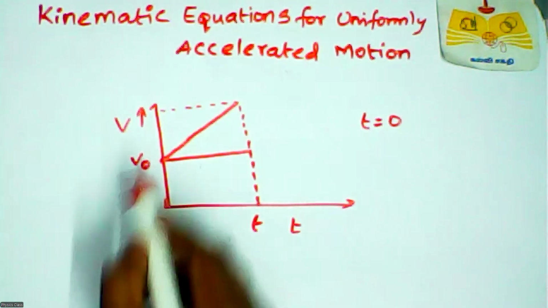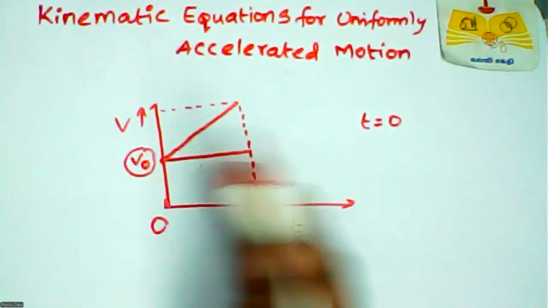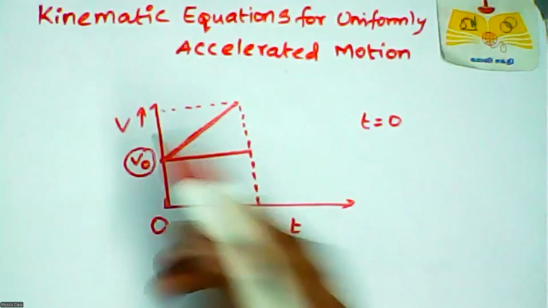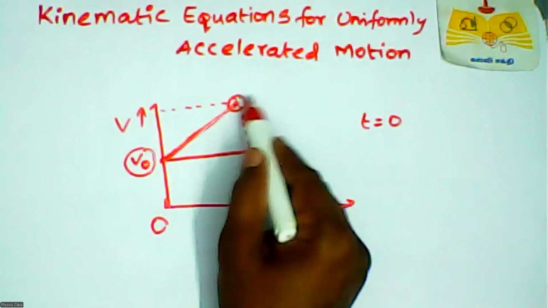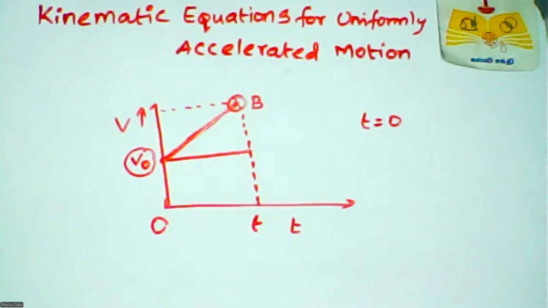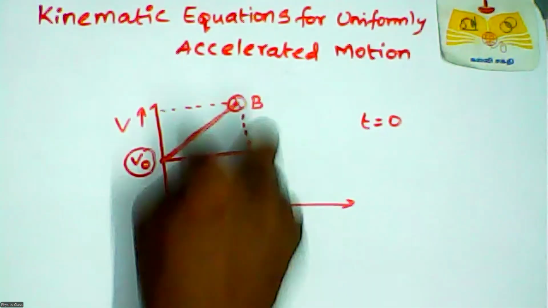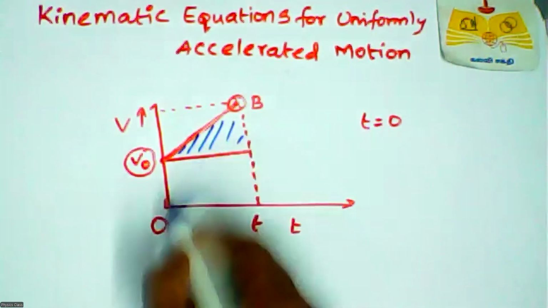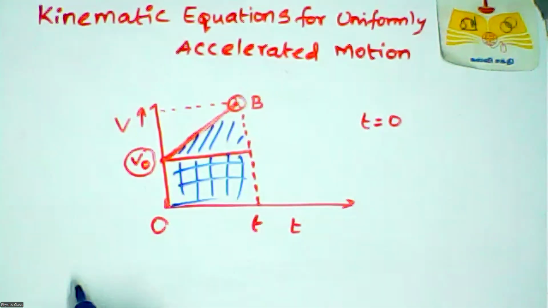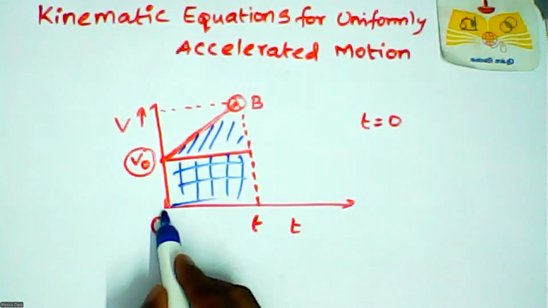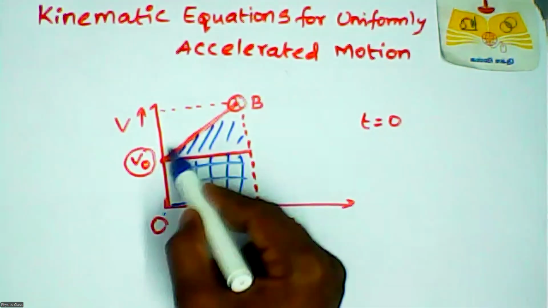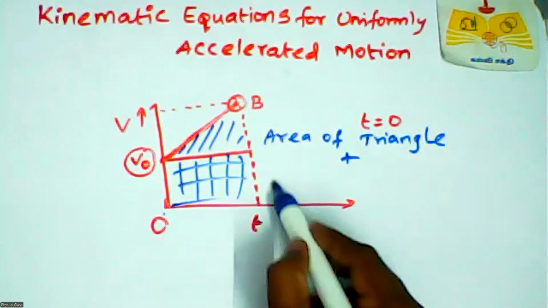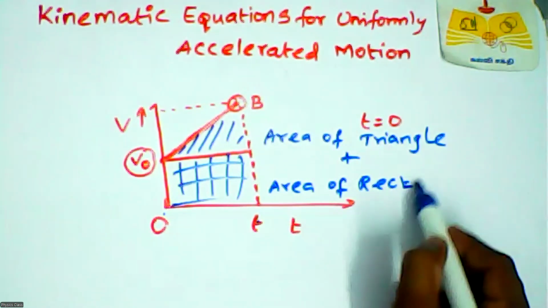The object has some initial speed, and after some time it travels like this, because for uniformly accelerated motion, velocity changes, and the object reaches this position B. So the area under this curve includes two types of shape: one is a triangle, another one is a rectangle. So the area between 0 and T includes the area of a triangle plus the area of a rectangle.